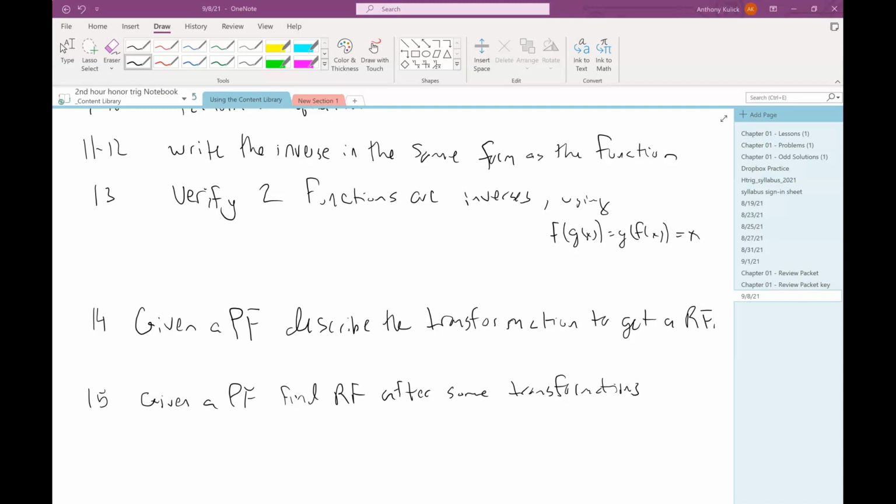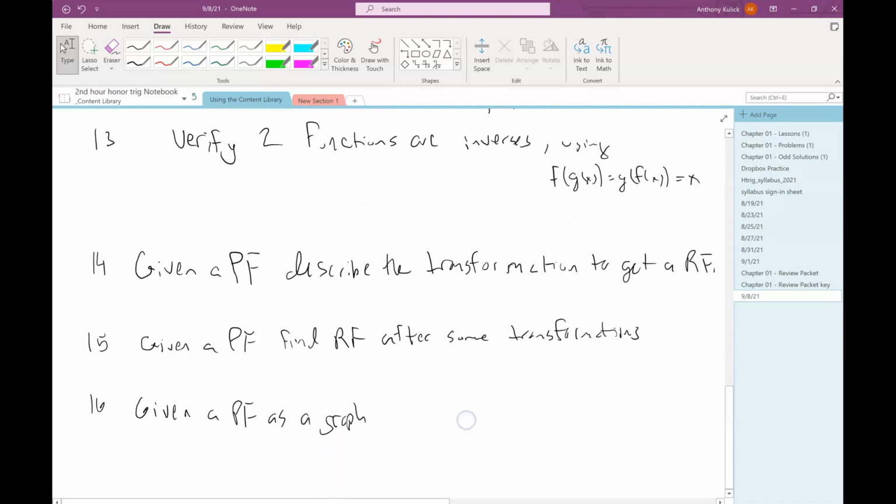And then the last question, I'm going to give you a parent function as a graph, and then ask you to draw the resultant function and to describe its transformation in the correct order.